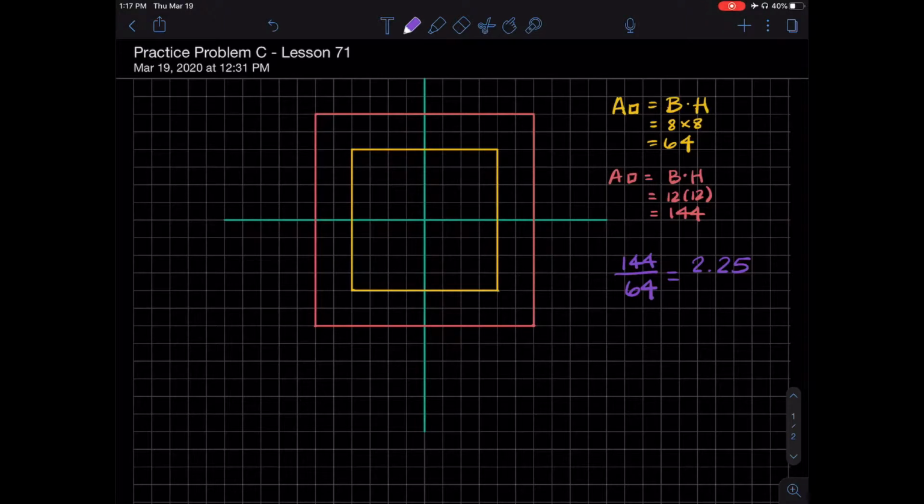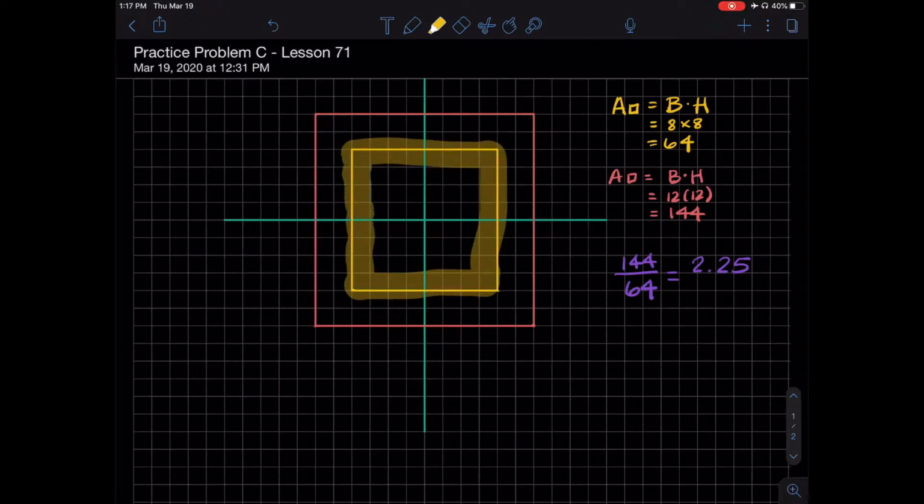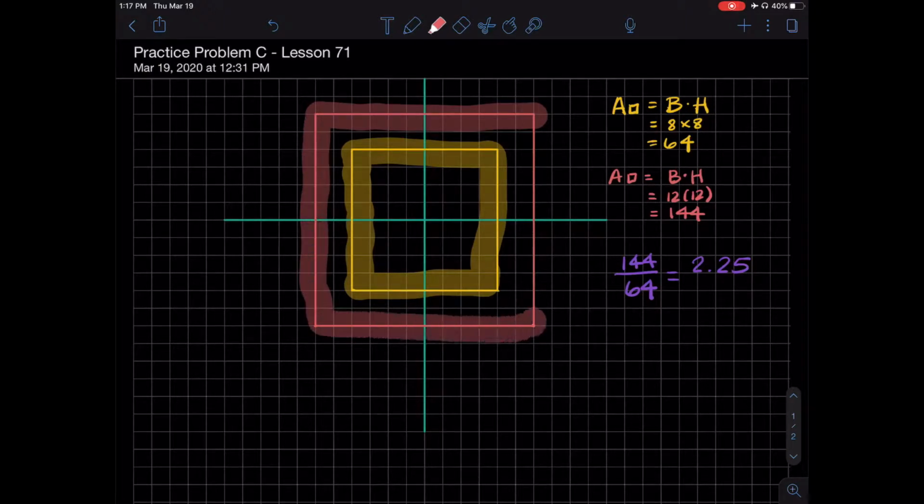So that's saying that the area of this plus the area of this totals the 225% or 2.25.